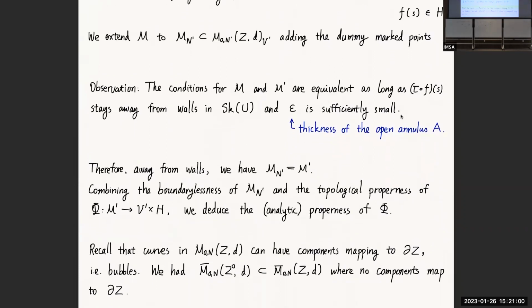So the curves we have been considering so far may have components mapping to the boundary. In other words, we have some bubbles. And we have introduced this subset, which we denote by M V naught D. The subset is the locus where there are no components mapping to the boundary.